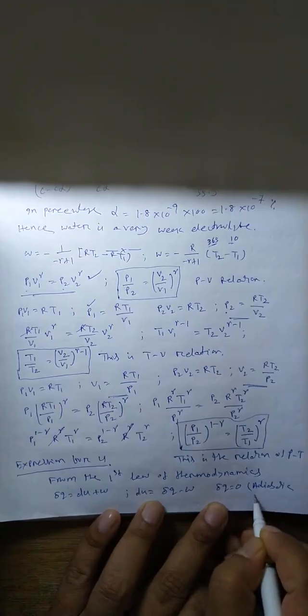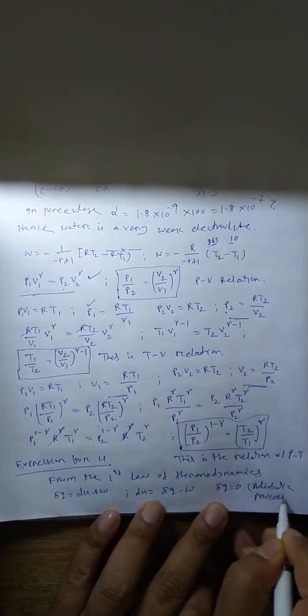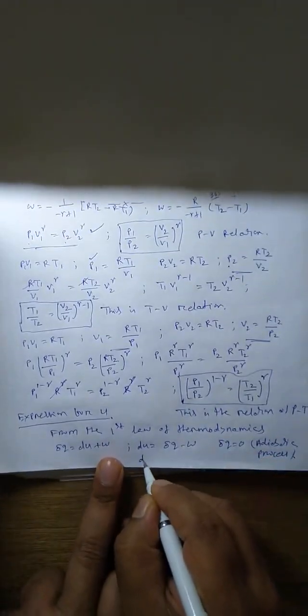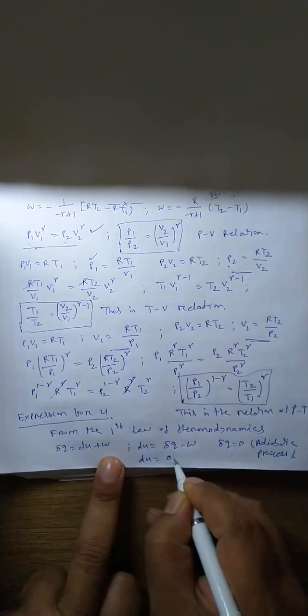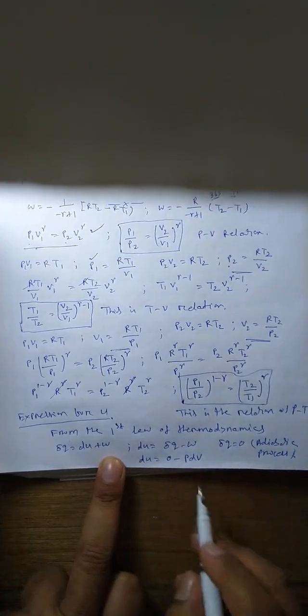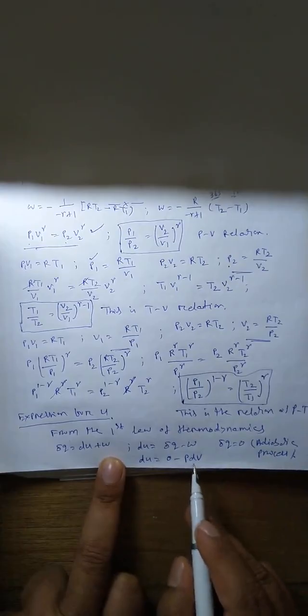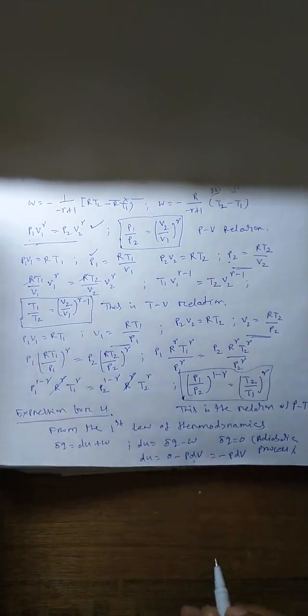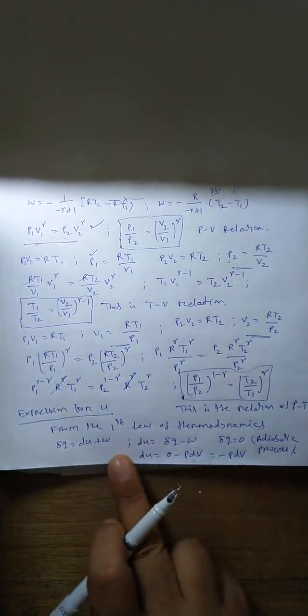Then you get du equal to minus PdV, that is the work done. Either you get this formula, or you can derive it in an alternative way.